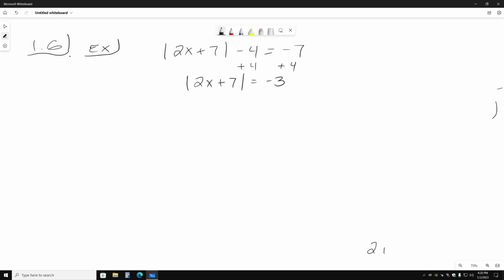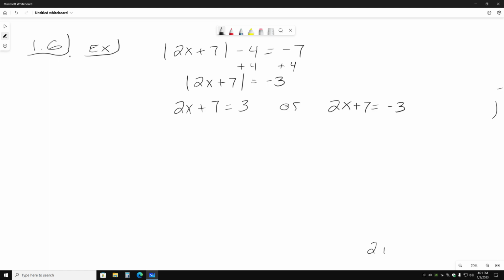And now at this point, you might be really tempted to say, let's set 2x plus 7 equal to 3, or 2x plus 7 equal to negative 3. But there is an issue here. Hopefully you caught it, and it's that we have the absolute value equal to a negative number. The absolute value function can never produce a negative output.